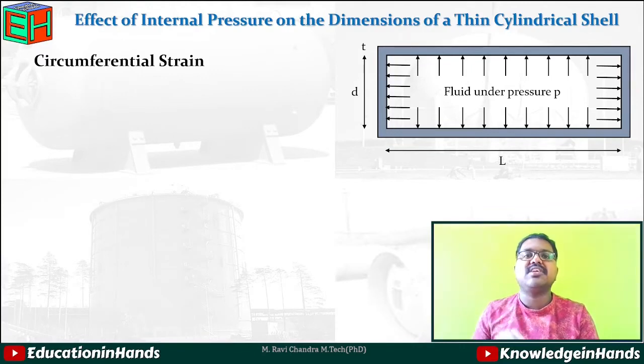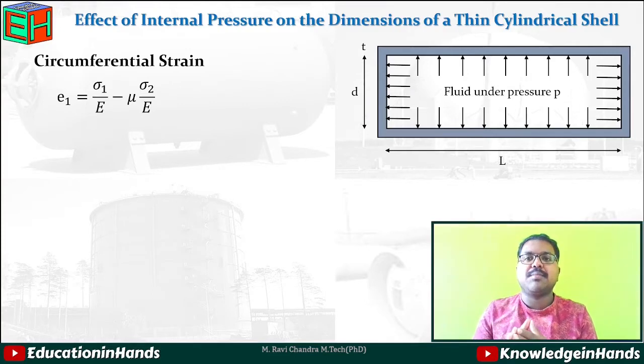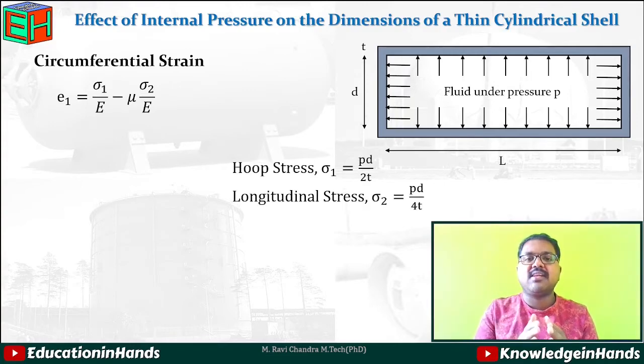Here the circumferential strain is E1, which is sigma 1 by E, that is the direct stress, minus mu into sigma 2 by E, the longitudinal stress, which is perpendicular to the circumferential stress. We know the values of sigma 1 and sigma 2 from our previous derivation, as PD by 2t and PD by 4t.